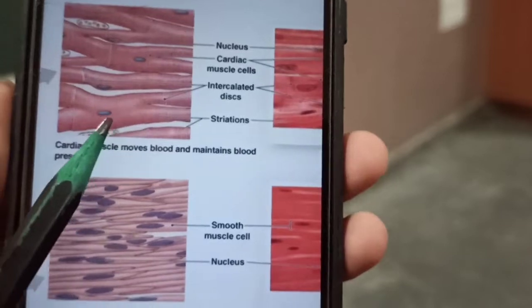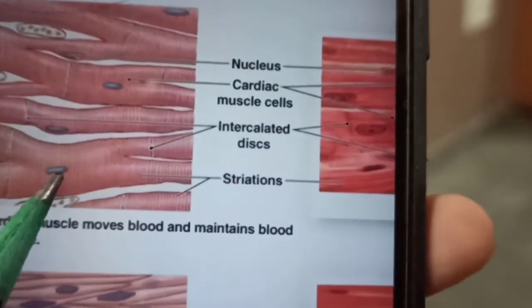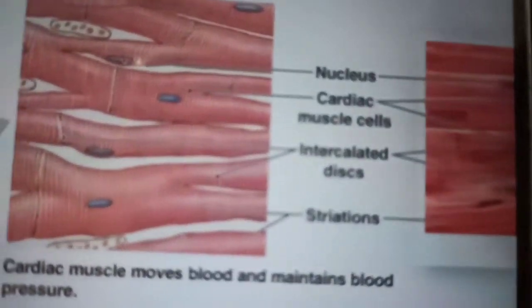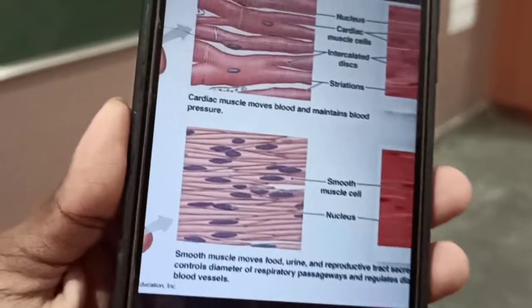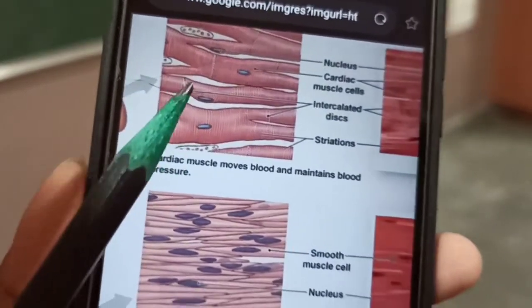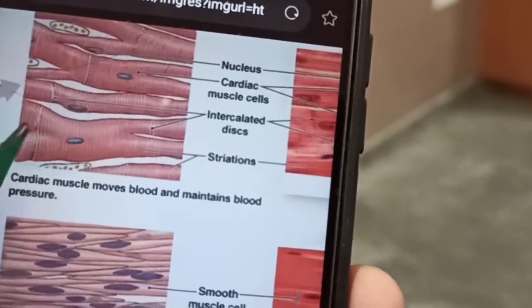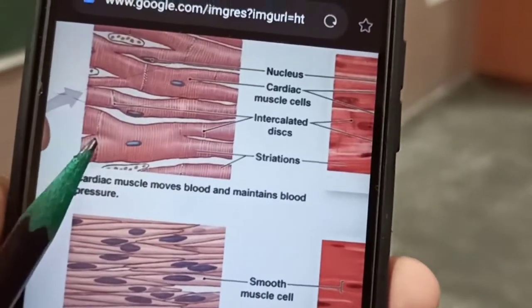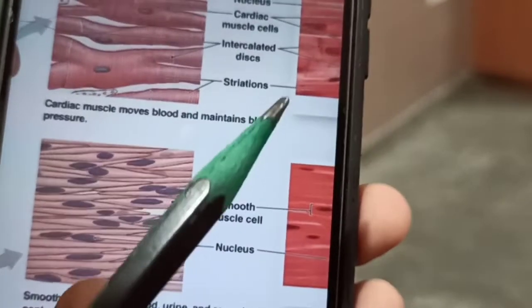These are the nuclei, the blue dots. And these cardiac muscles need to work day and night. Otherwise, if your heart stops working, what will happen? The blood won't be pumped and you may die.